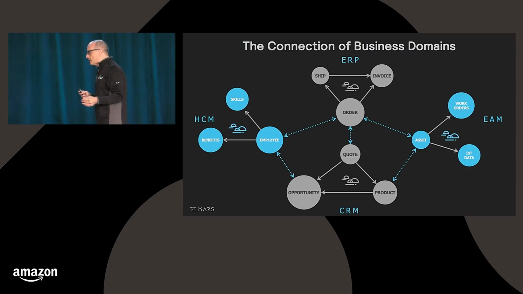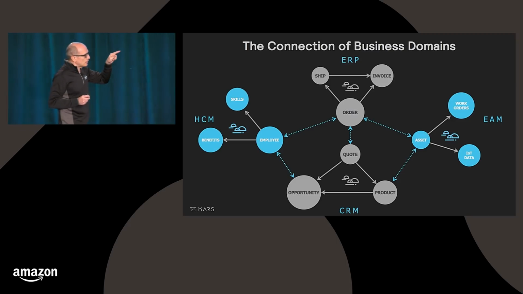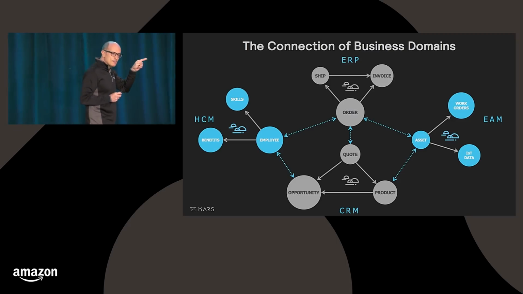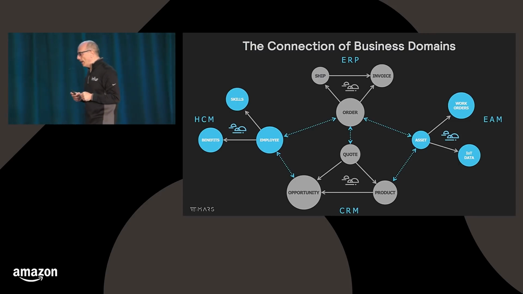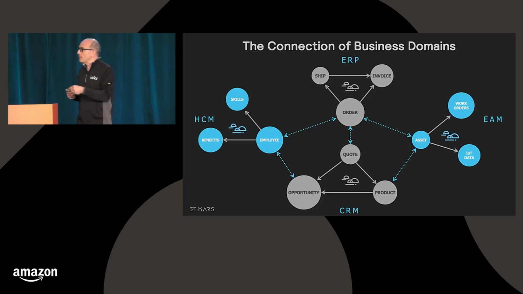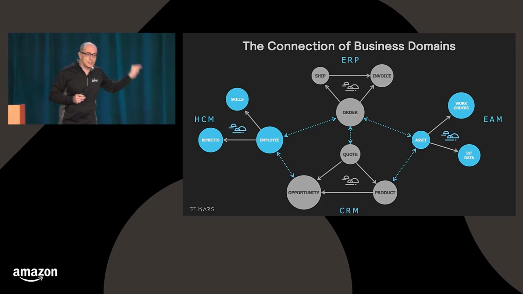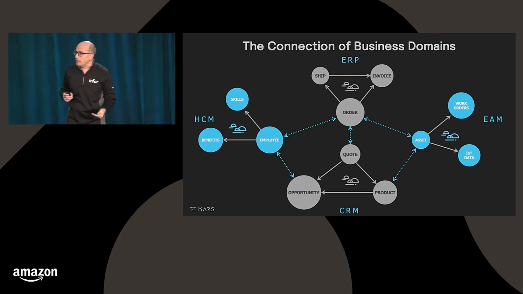So think about this business process. The IoT readings show there is a failure of an air conditioner. That connects to asset management, which has work order history and service history. The service of the air conditioning is done by a service engineer, who is in the HCM system, which has the history of the engineer's experience, training, and so on.